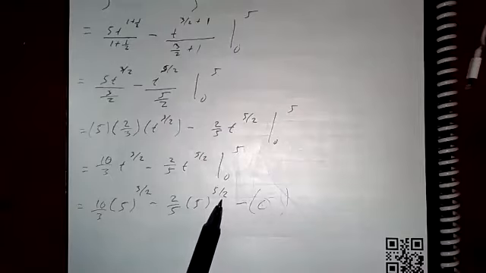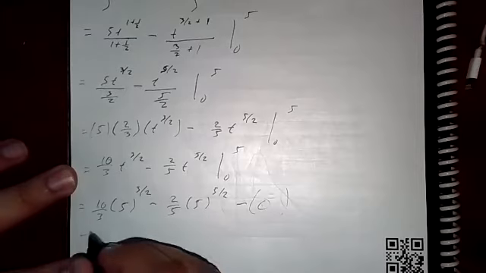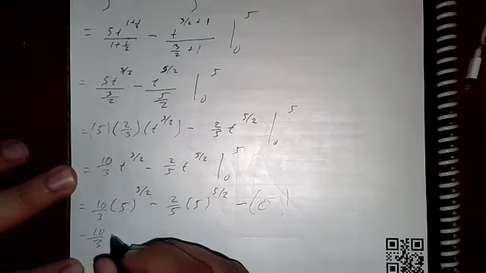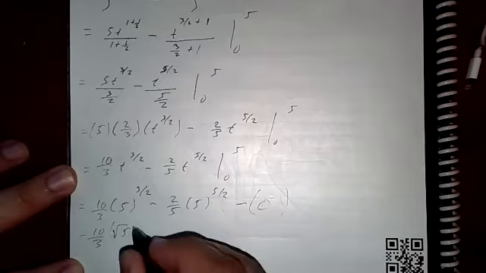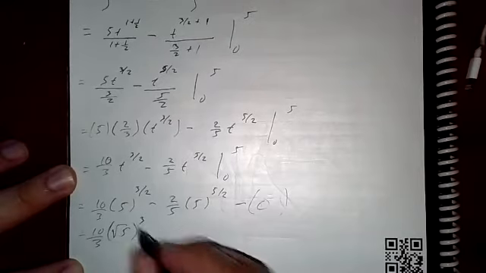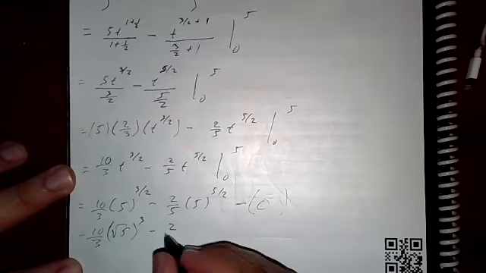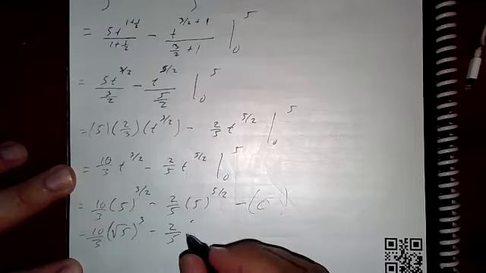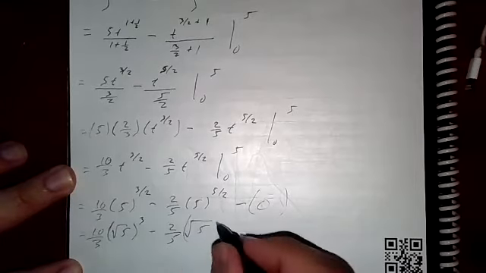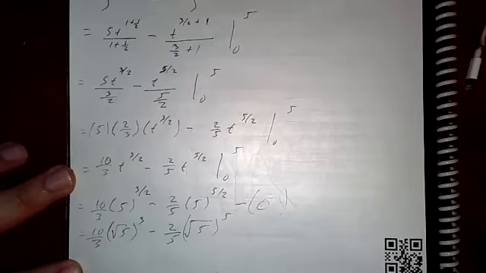If we rewrite this one more step here, that's the same thing as saying square root 5 to the third, and square root 5 to the fifth, right? So that would be root 5 times root 5 is 5, times root 5.